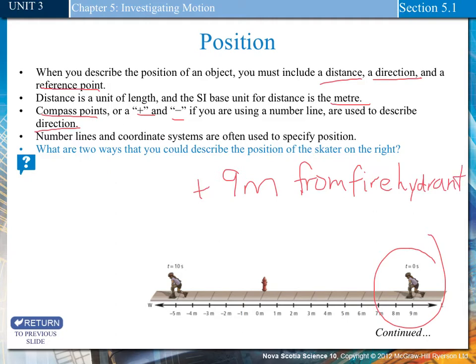We also could say the person is 9 meters east of the fire hydrant.